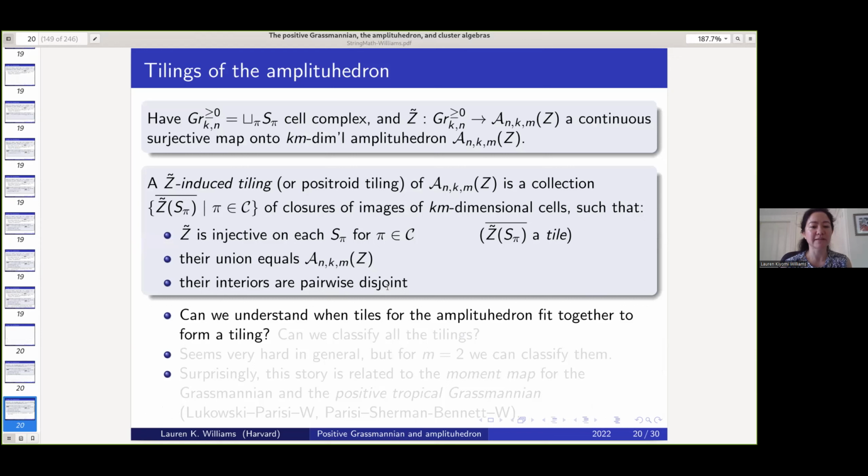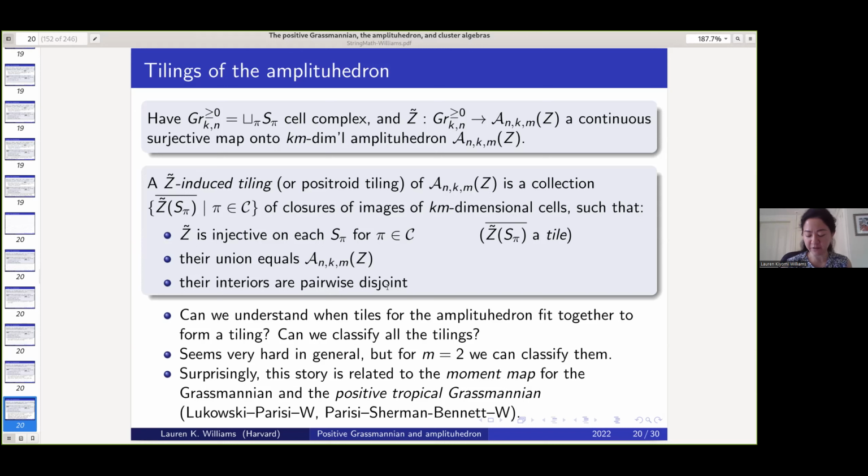So again, some of the questions that we'd like to understand is, can we classify all of our tilings? In general, for general m, these questions seem very hard at the moment. But for m=2, we can classify all of the tilings.